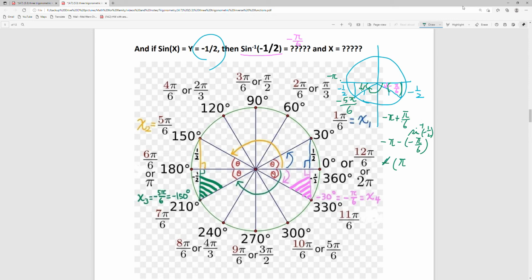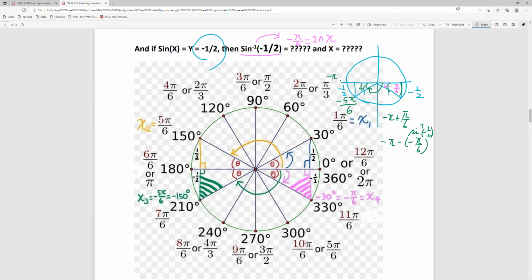I have a formula in the end, but right now I don't want to confuse the class by introducing the formula, because my whole key point here is how you can quickly use my shortcut to find the answer. So you find one answer, negative pi over 6. This answer came from arcsine, so plus minus 2n pi.